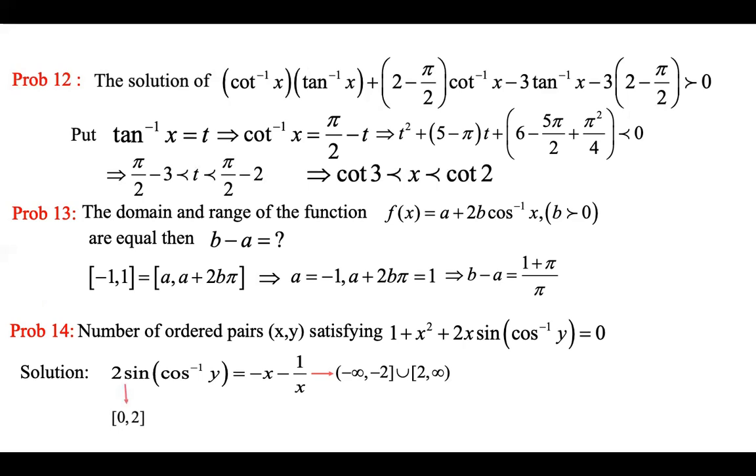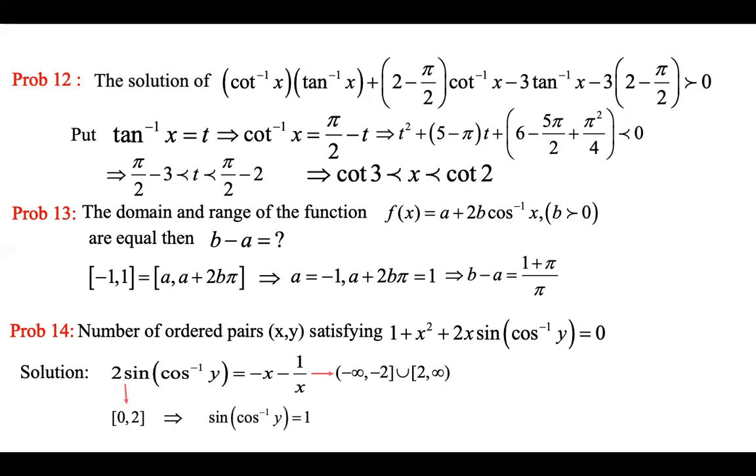For that equation, the left side range is 0 to 2, and the right side range is minus infinity to -2 union 2 to infinity. But we want them to be equal. So equality is possible because the only common value for left and right ranges is 2.